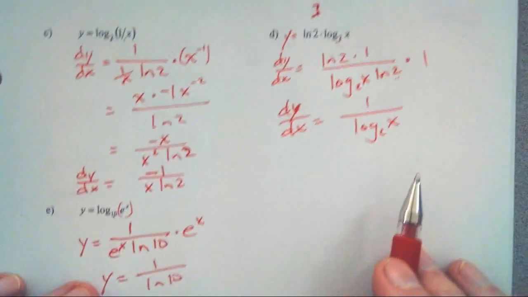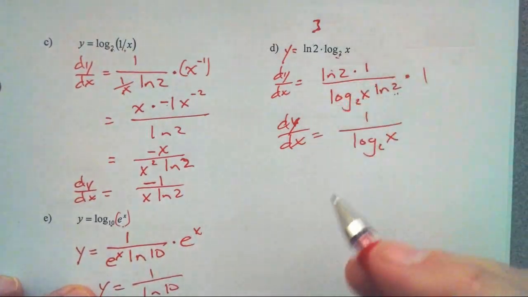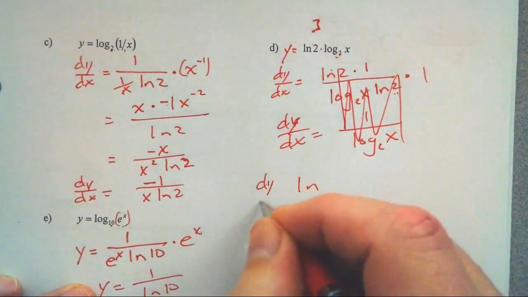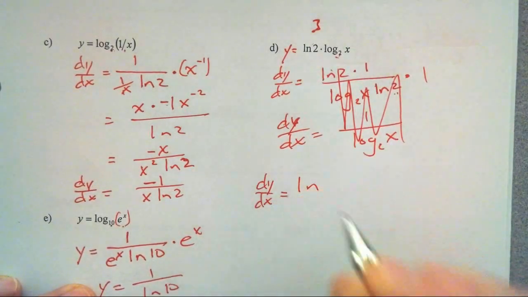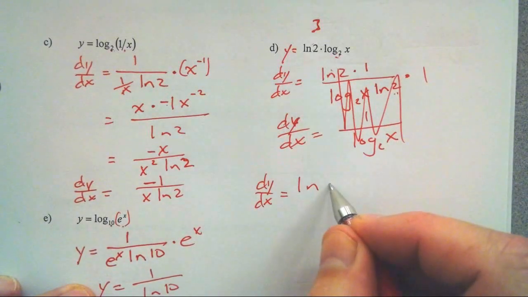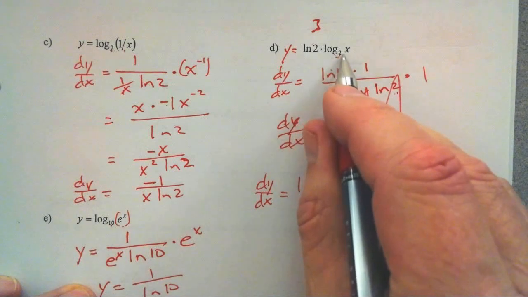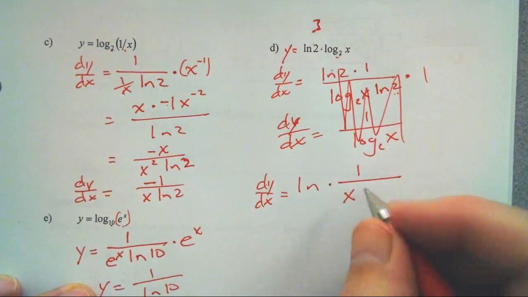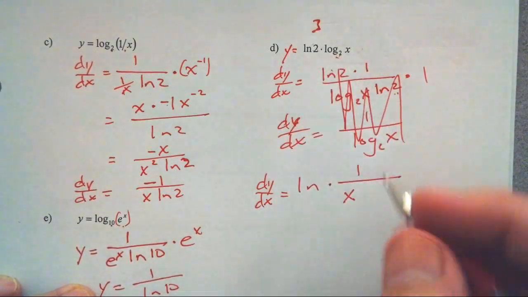Okay, let's go back to d. That was just a disaster here. I get ln 2 dy, I'd remake this if I wasn't almost done with it. ln 2, that's a constant, times the derivative of log base anything just wants to be 1 on that thing. Not 1 on the whole log right there.